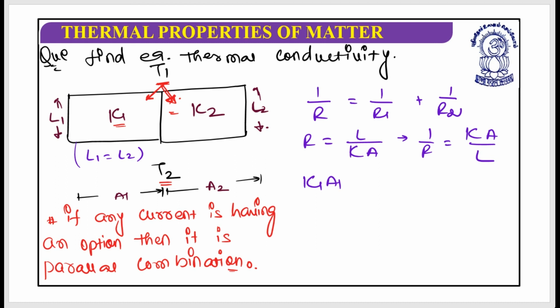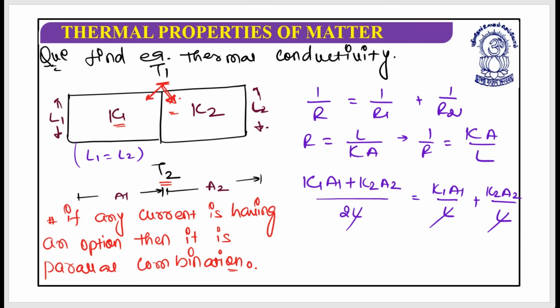So this is equal to (K1 A1 plus K2 A2) divided by 2L, which is K1 A1 by L plus K2 A2 by L. This L has gone, and from this you can get the K equivalent.